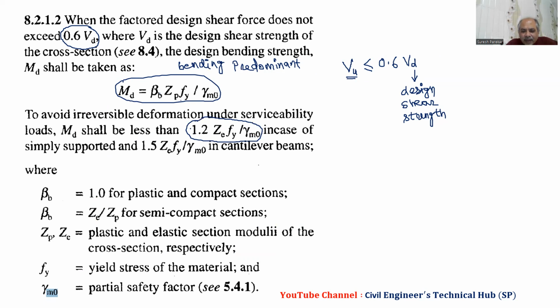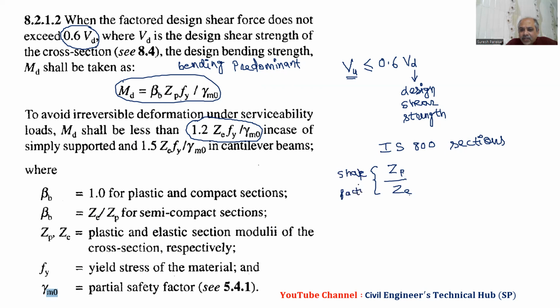Now, where does this 1.2 come from? If we go to IS 800, there is the table of I sections. In that table, you will see ZP by ZE, which is the plastic section modulus to elastic section modulus, the shape factor.